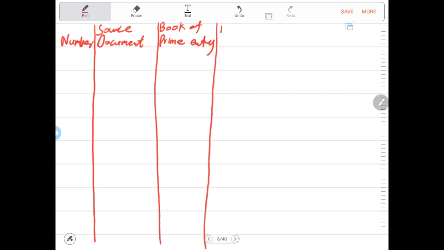Then we have the account debited. The last one will be the account credited.